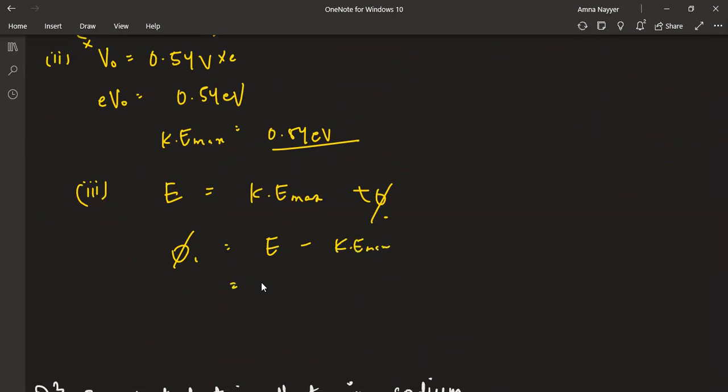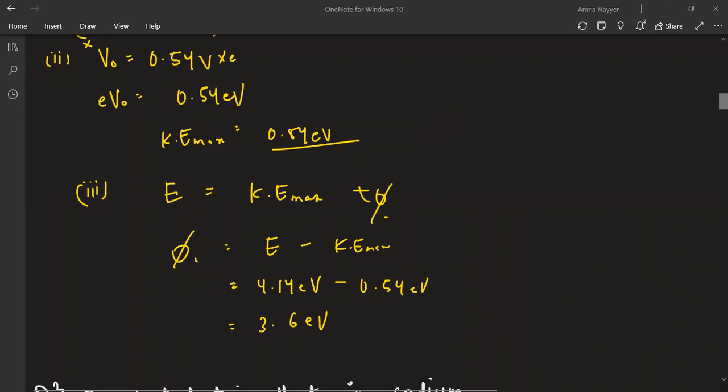The energy of incident photons was 4.14 electron volts minus 0.54 electron volts. So 4.14 minus 0.54 is 3.6. Just check someone. Yes, 3.6 eV, thank you. So 3.6 electron volt is the work function.